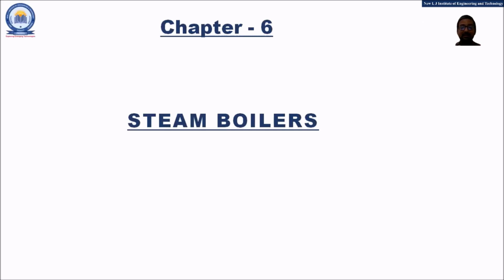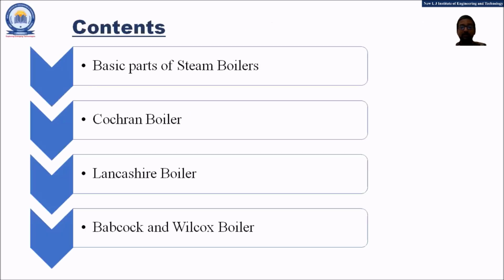So now friends, let us proceed further with the discussion of the steam boilers. These are the main contents of my current session. You will be understanding the basic parts of the steam boilers. Then you will be understanding three most important practically used steam boilers: the Cochran boiler, the Lancashire boiler, and the Babcock and Wilcox boiler.